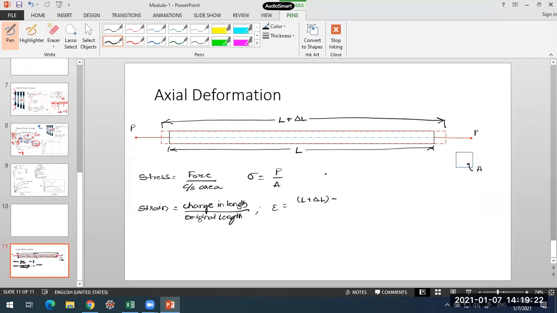In case it is a compression, if the direction of the two loads are reversed, then what we'll have is it will come out to be negative. That is a compression, a reduction in the length. In this case, I have taken the tensile load, so there will be elongation. The strain will come out to be positive here, divided by the original length L. Or from this relation, you have it as delta L by L. And also what we have is Young's modulus, or stress by strain.